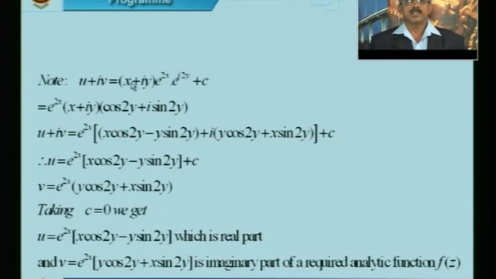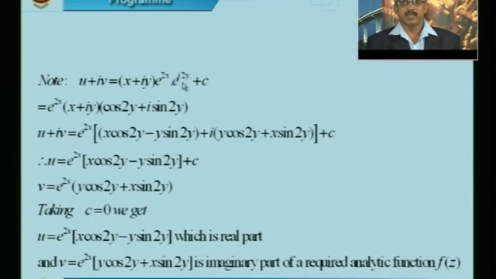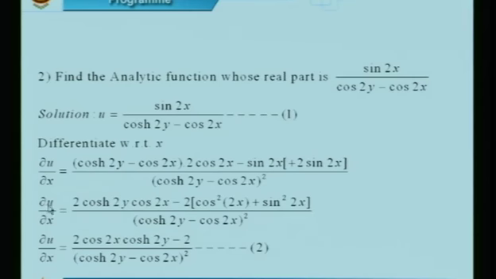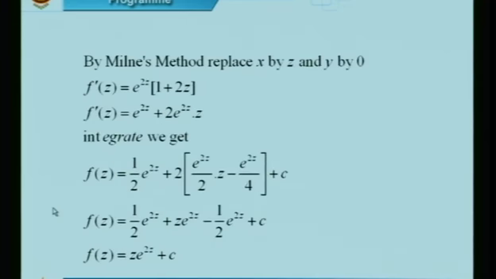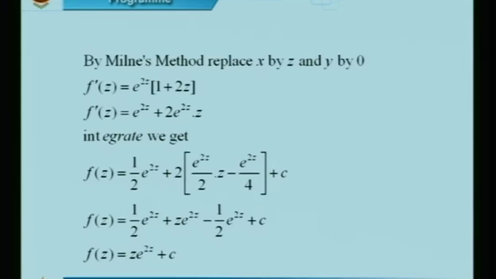Take u plus iv is equal to f of z, where z is equal to x plus iy, and e power 2z is e power 2x e power i2y. Then w is equal to z into e power 2z plus c.